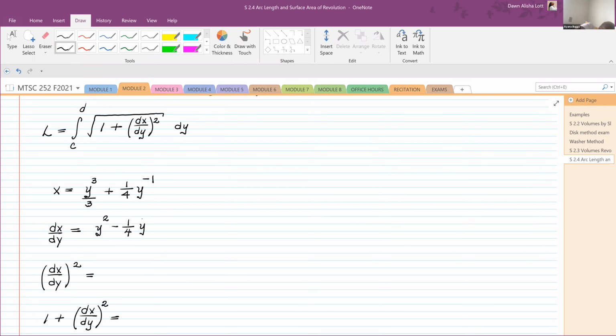I got 2 because when I did y over 3 plus 1 over 4 y to the minus 1, then I subtracted 1 from minus 1. It should be negative 2.